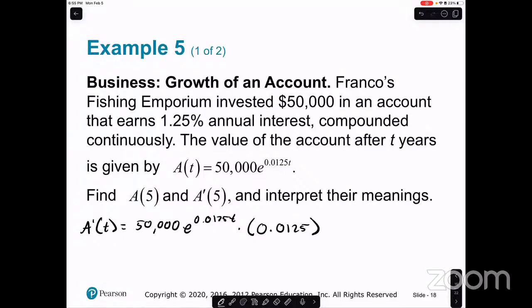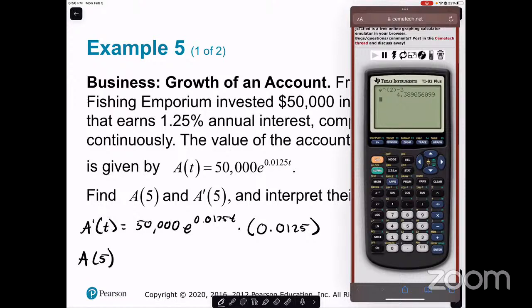So then for A of 5, that's going to be the amount in the account after 5 years with these conditions, right? 50,000 times e to the 0.0125 times 5, okay? In 5 years, they only earned $3,000.